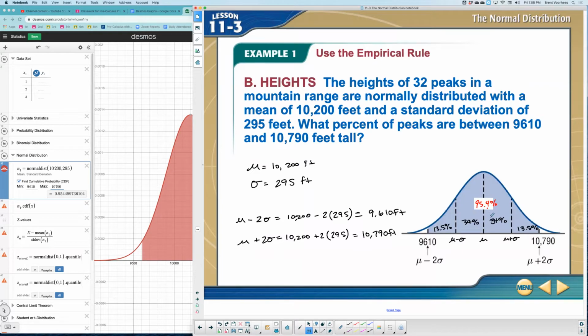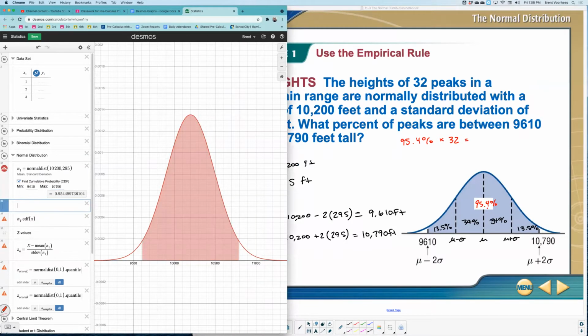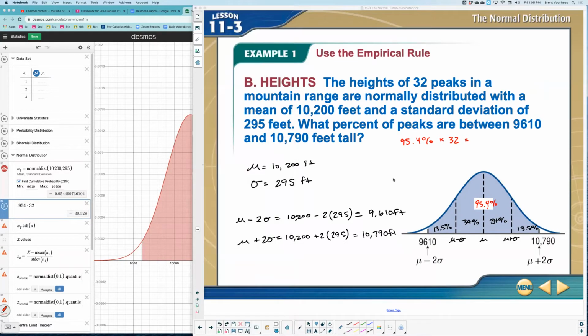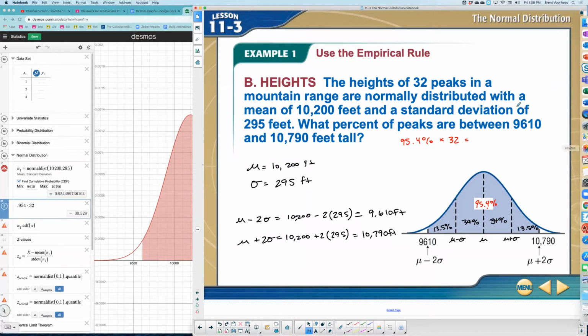If you need to know how many peaks, you could take your total percentage, 95.4%, times the 32. 0.954 times 32 is approximately between 30 and 31 peaks have heights between those values. So that's how you would interpret this data.